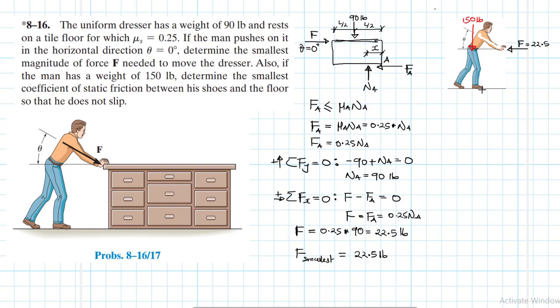Let me call this point here B. I'm going to have a force like so that will oppose that particular force, and then I have a normal force NB, and a distance from the center of gravity that I'm going to call D. But we are not going to find it.